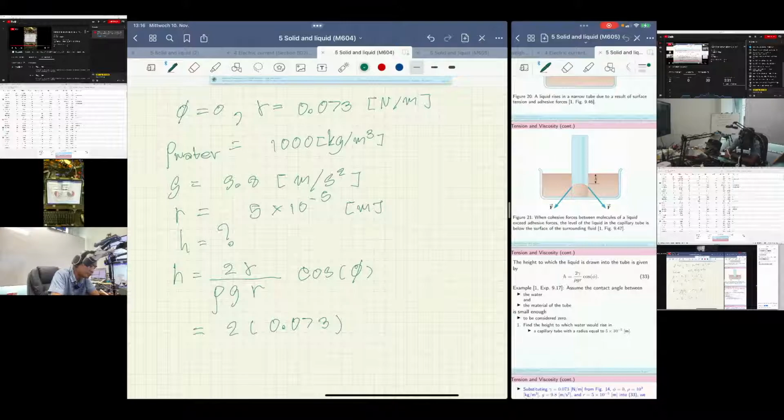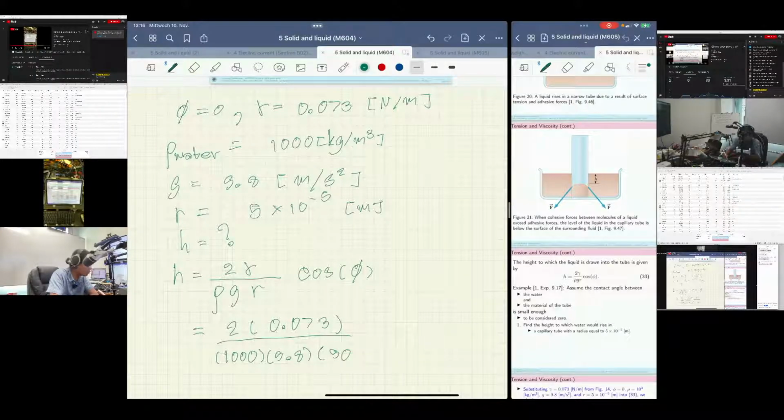0.073 divided by rho, which is 1,000, and 9.8 for the acceleration on Earth, and the radius is very tiny. Oh, it's 5 times 10 to the negative 5, even less than that.